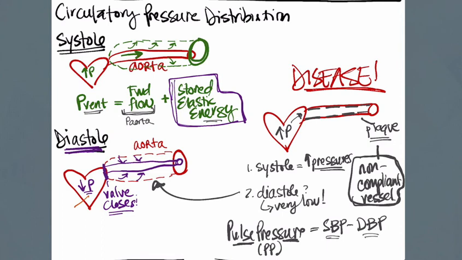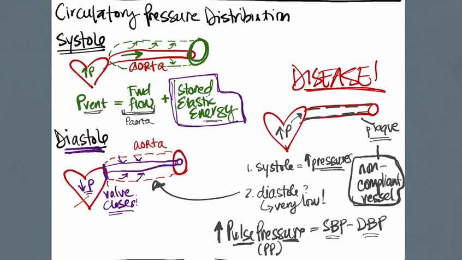The compliance of the aorta and the ability of the ventricle to pump both come together to deliver pulse pressure. So with disease, as someone has atherosclerosis, stiffening of the walls of their arteries, you would expect elevations in pulse pressure, greater differences between systolic and diastolic.